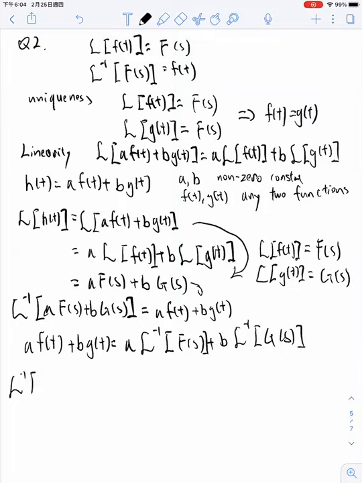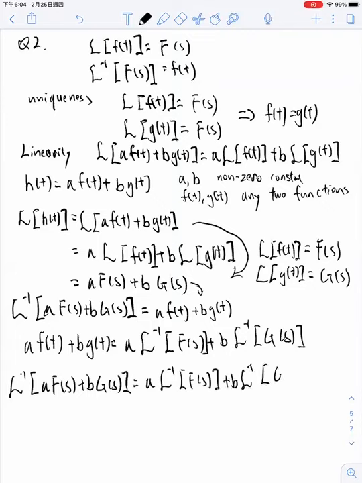So you get a relationship that the inverse Laplace transform is also a linear operation here. So that's how we prove that the inverse Laplace transform is also linear.